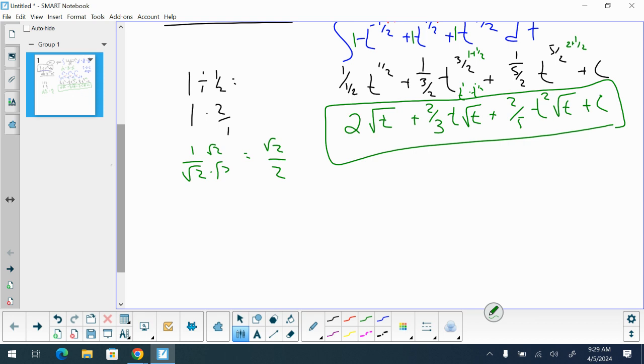Let's see, where were we? We were able to make it through 11, where we have 3 square root of x, 1/2, 2 x to the 1/3.